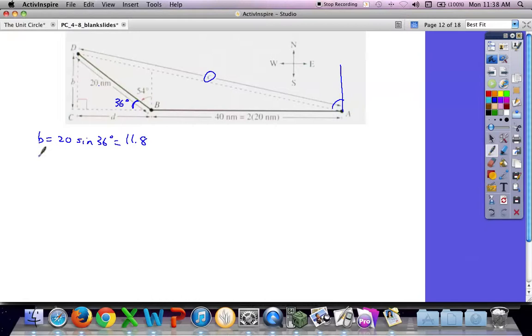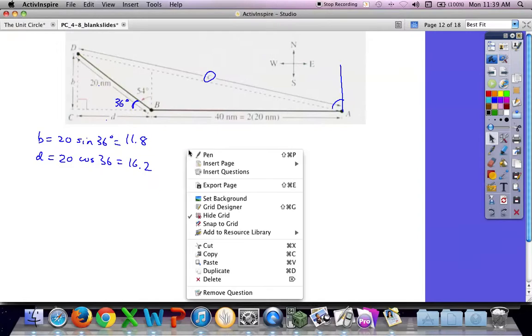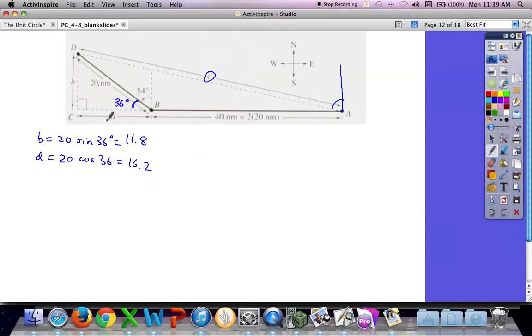And D then would equal 20 cosine of 36, and that looks like 16.2. So let me write that in. This is 16.2, and this is 11.8.